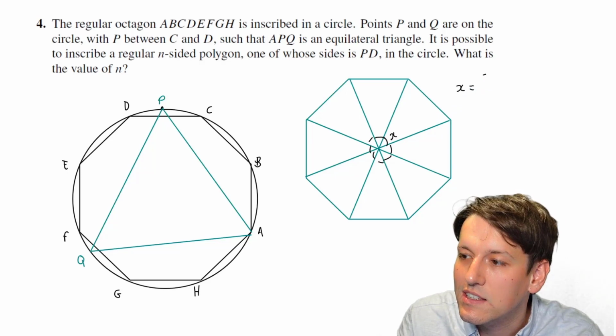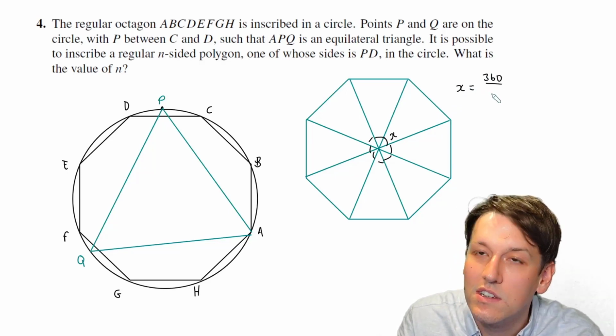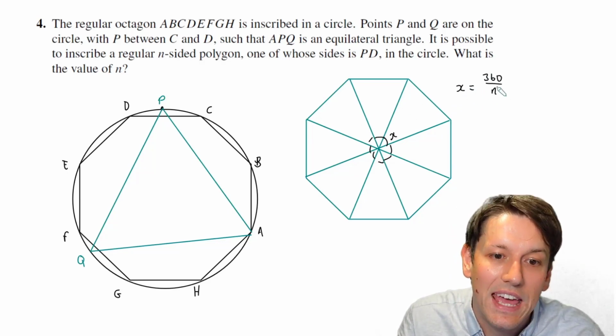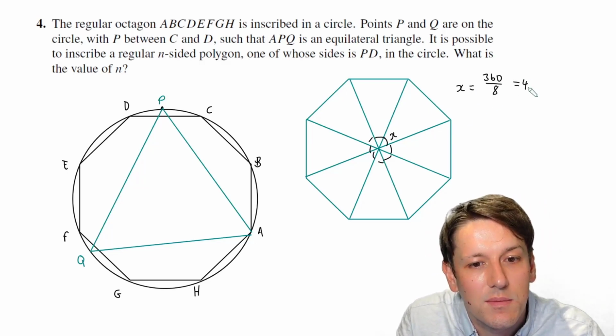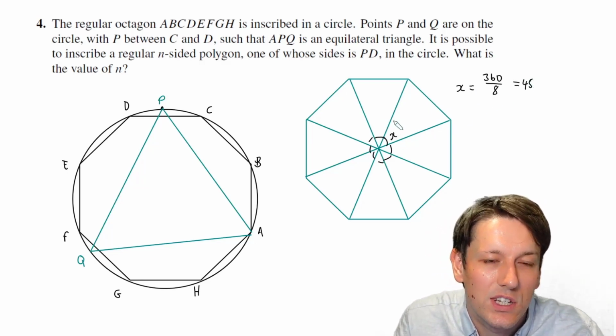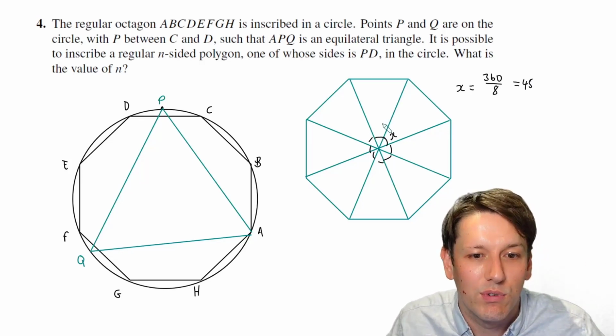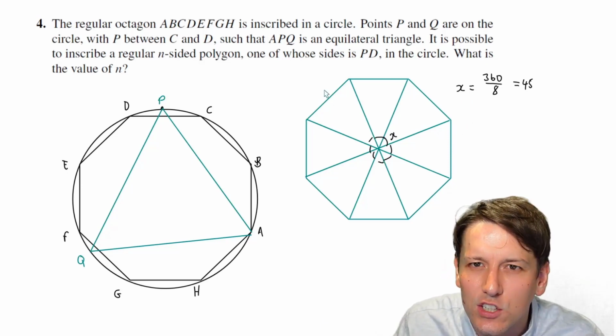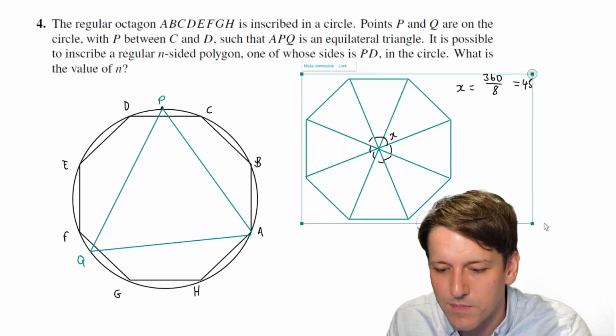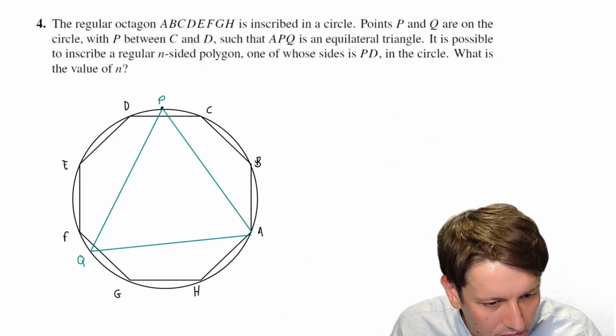So x here is equal to 360 degrees over 8 for the octagon, or over n, where n is the number of sides in general. So for the octagon that's going to be 45 degrees, but in general it works for any n-sided regular shape, and x is 360 degrees over n. So we're going to use that fact in this question.